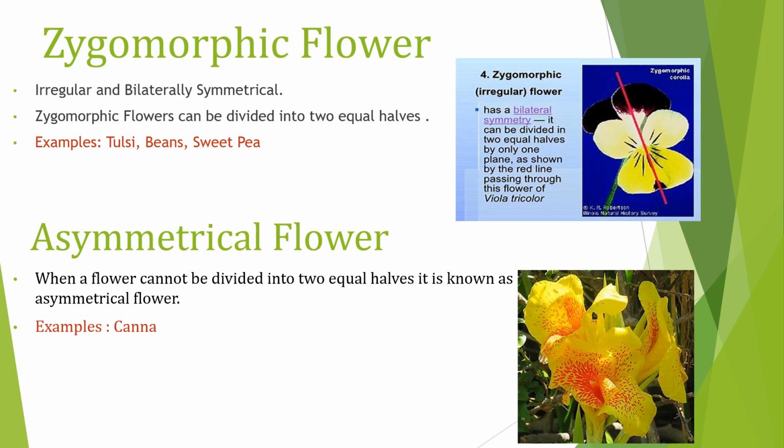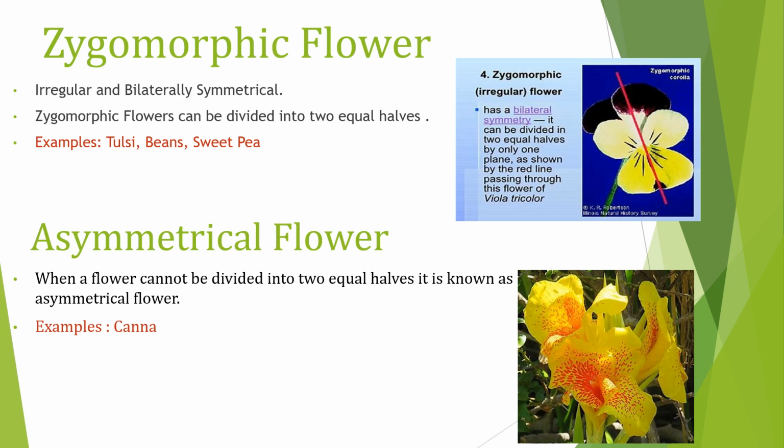Now what are zygomorphic flowers? Zygomorphic flowers are irregular or bilaterally symmetrical flowers. It means they are able to be bisected into two equal halves, or the halves are mirror images.